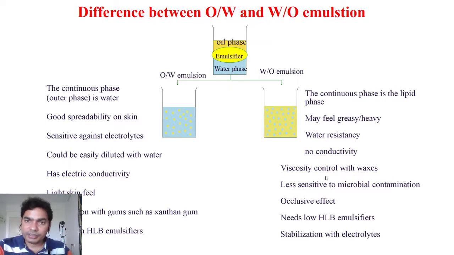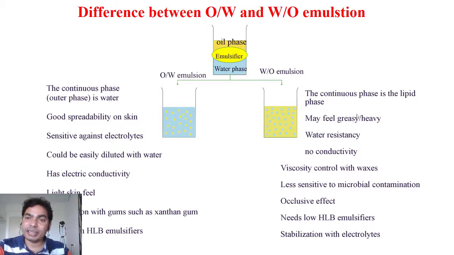On the other hand, this water in oil, the oil-based emulsion, has a continuous lipid phase and may feel very greasy and heavy. Just feel the Boroplus. It is water resistant, so there are some benefits. If those kinds of creams were there in the past, then there is much more benefit to those creams.